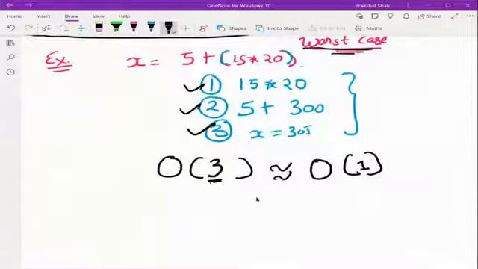Suppose everything here was constant but we have a large number of inputs; then these constants would be ignored. Any constant like 300 or 100, you can denote by 1.